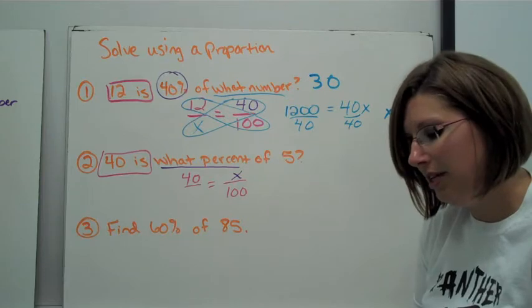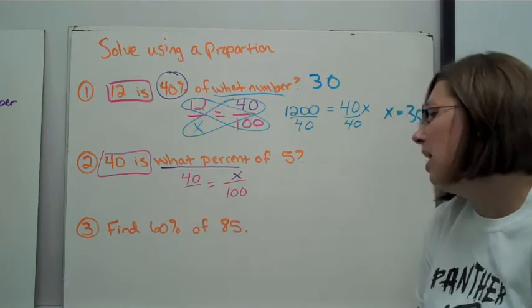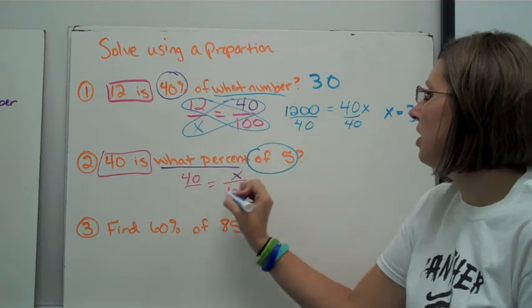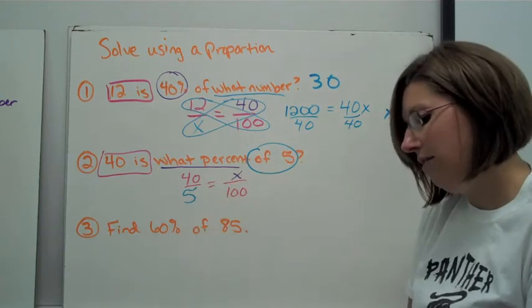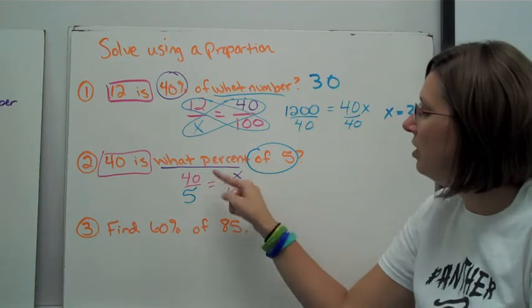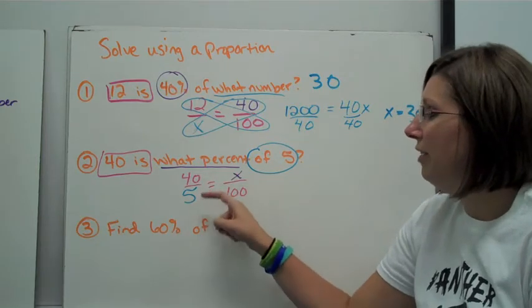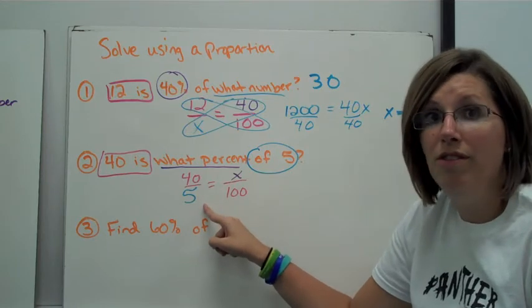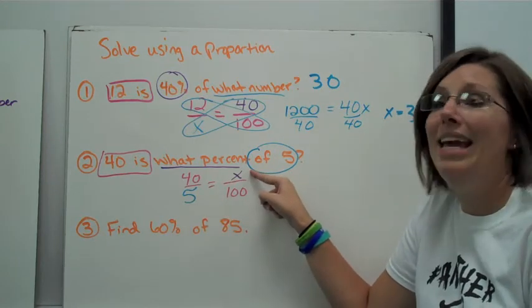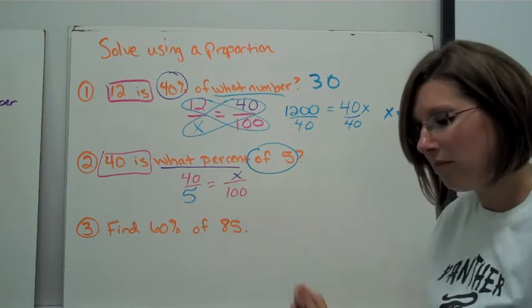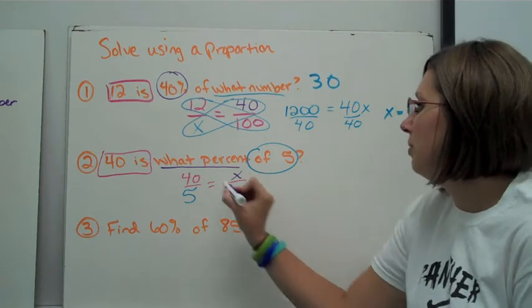I don't know what that percentage is, so I'm putting an X there. Of 5. So 5 goes in my of spot. If you take a look at what you have here, 40 over 5. Now 40 is much larger than 5, so I know that my answer is going to be much larger than 100. I'm just going to cross multiply.